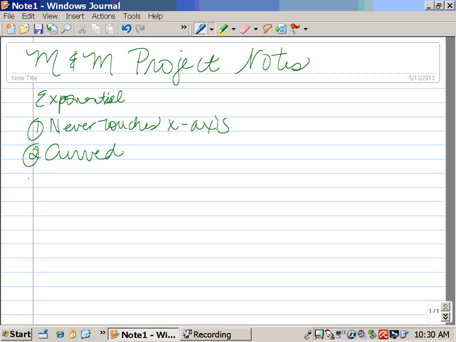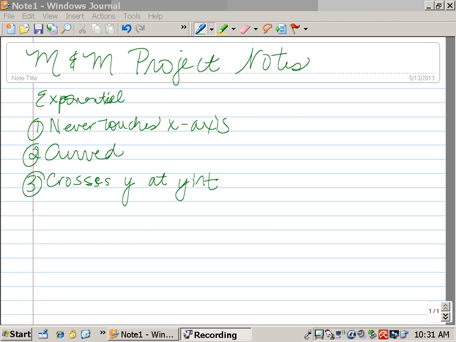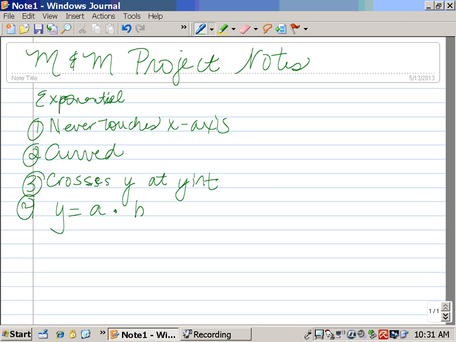So our third thing is it crosses the y where? At the y-intercept. The fourth thing is y equals a times b to the x power.